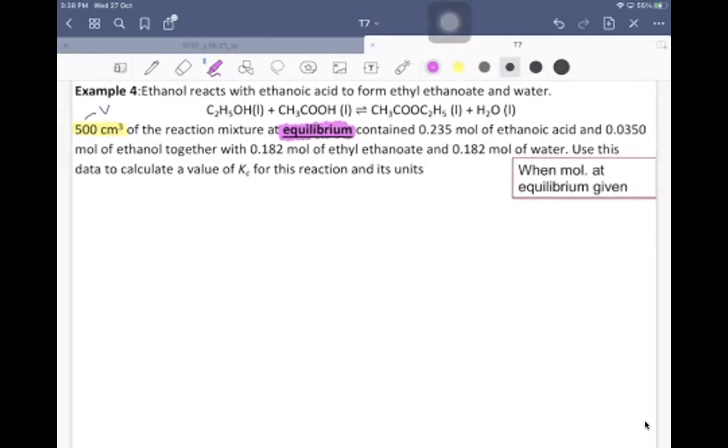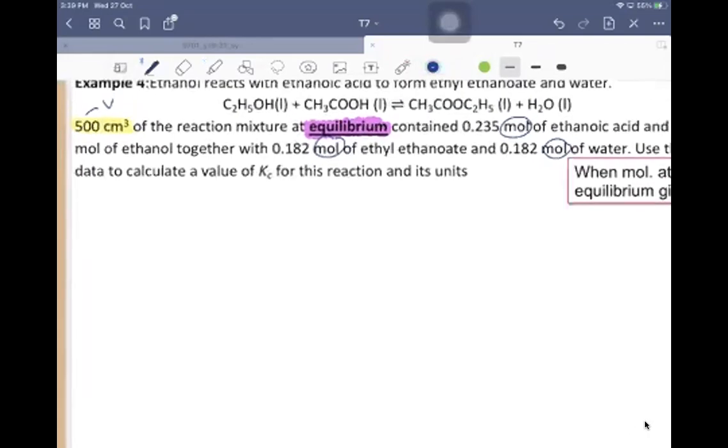Now, before we go to the Kc straight away, don't jump to the Kc expression just yet. We first want to write down the concentration of each reactant and product at equilibrium. We're only given mole. We have to convert it to concentration. So I like to write or tabulate them.